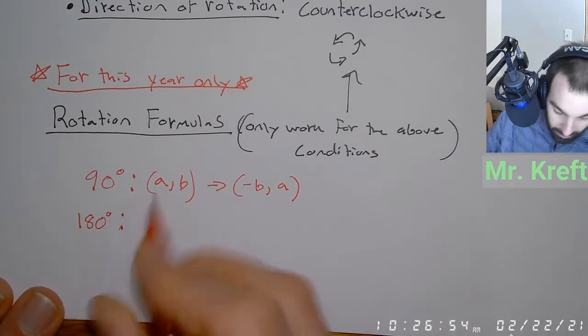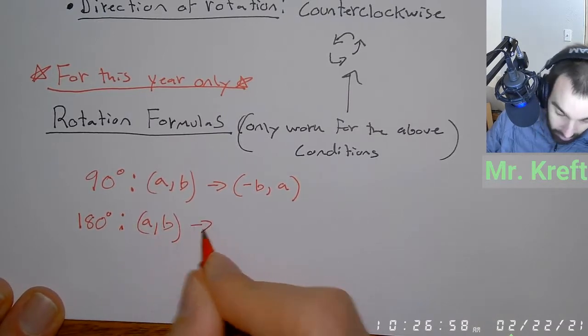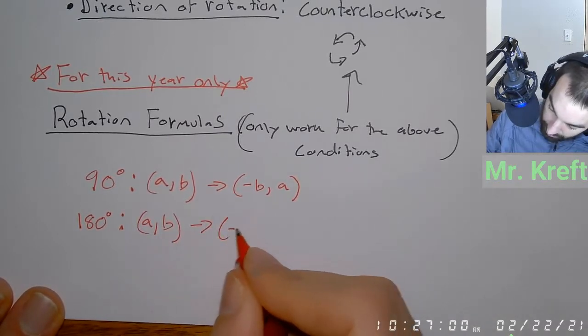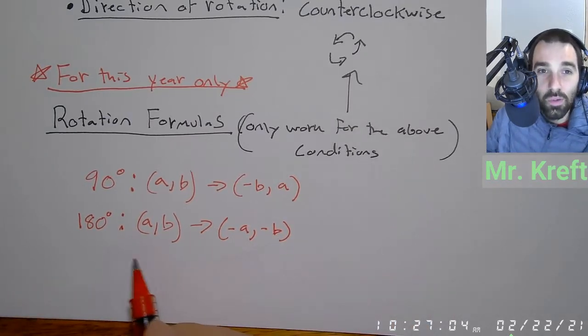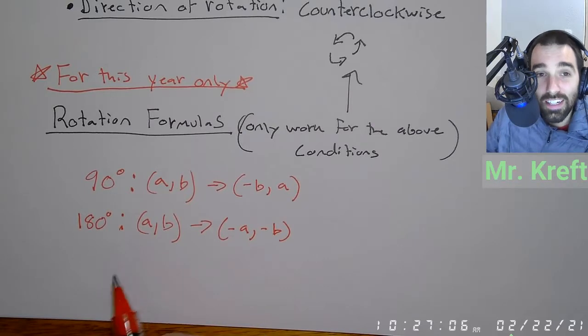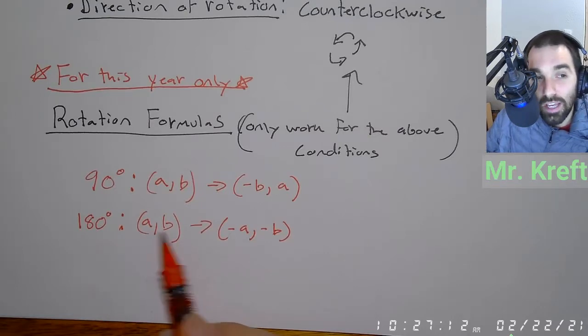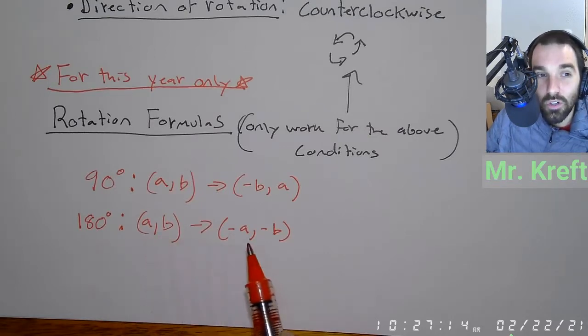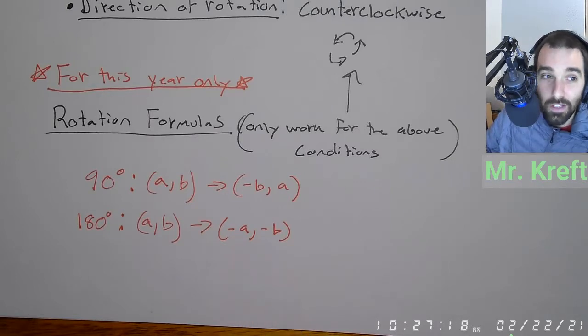180 degrees is you take point (A, B) such that you're going to have (negative A, negative B). Now, to me, this is the one equation that makes sense. If you're walking down the hallway and you turn a 180, you're going the opposite direction. So take a look. If we have an initial point (A, B), notice how all we did was we took the opposite of A and B. Okay?